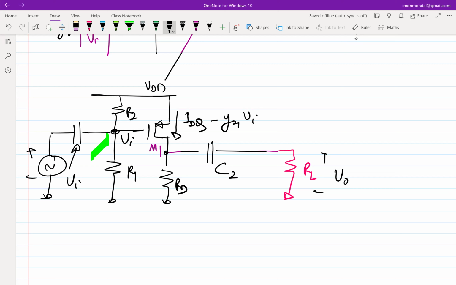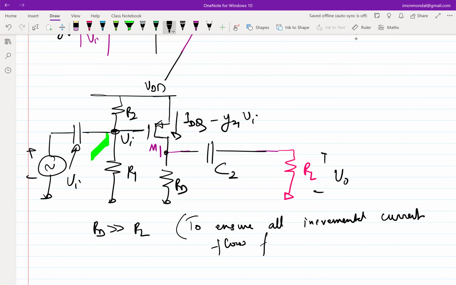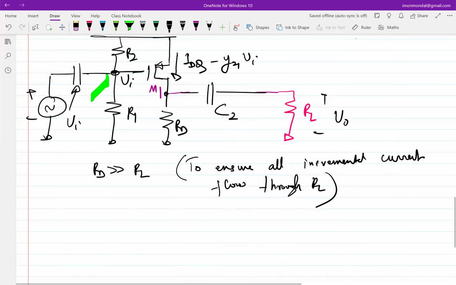So one is RD definitely should be much greater than RL. This is to ensure all incremental current flows through RL. And the second condition is C2 has to be infinitely large.